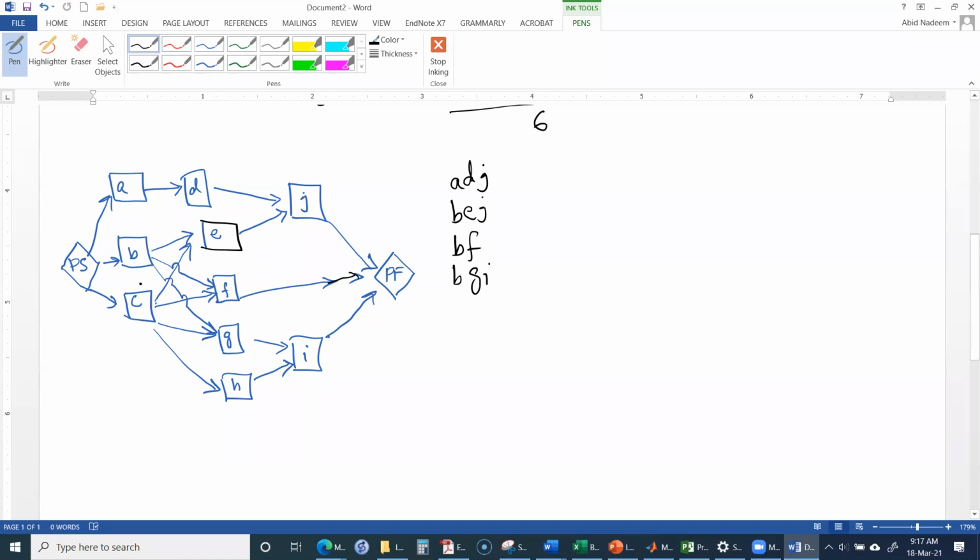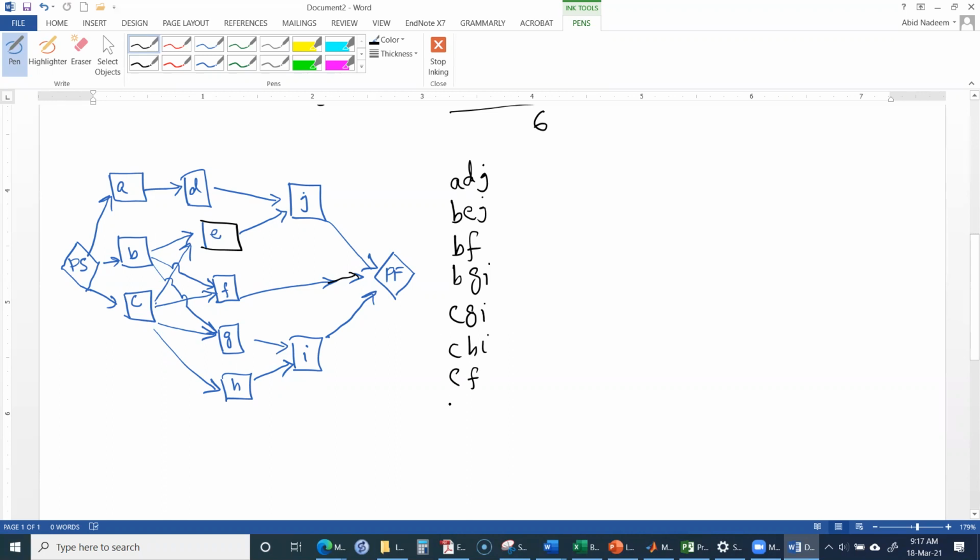And then CGI is another path. Okay. And CHI is another path. And then CF is another path.